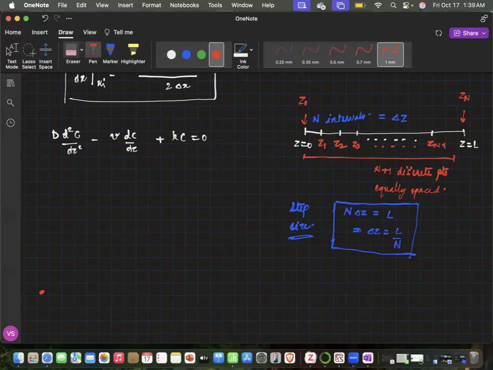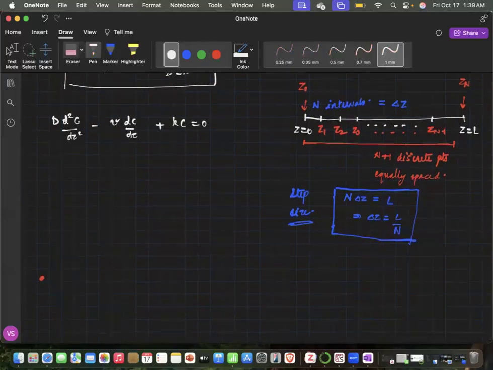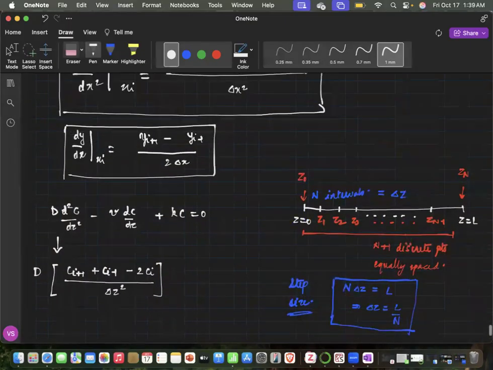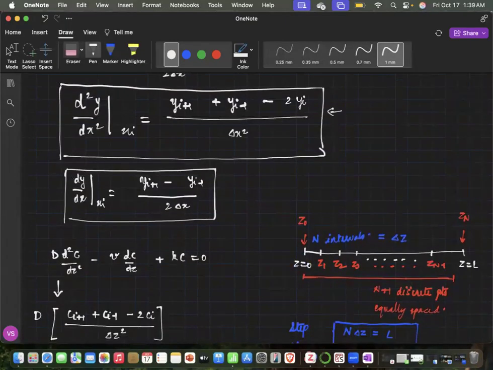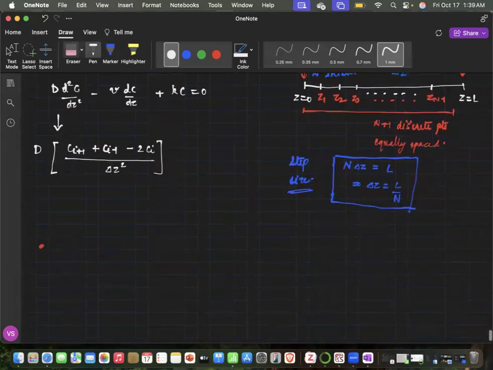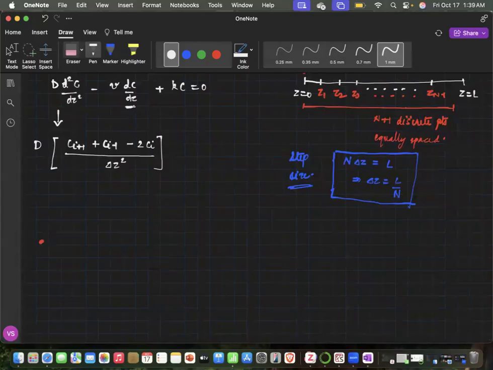So now let's just discretize this. If we discretize this, we'll get D times (ci plus 1 plus ci minus 1 minus 2ci) over delta z squared. That's the second order, second derivative formula that we've used. Then let's discretize this term over here.